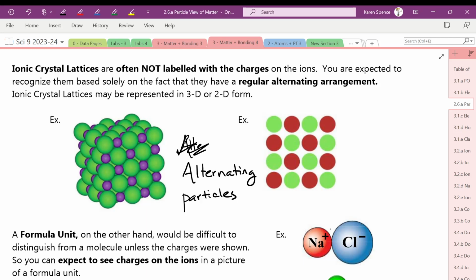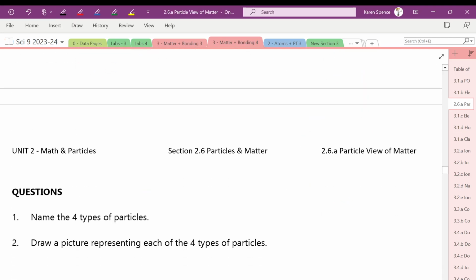But in a formula unit, you should expect to see the charges, because if I just drew it like this and I didn't put charges in it, you would say that that is a molecule, right? So with the formula unit, you have to know that there are charges there.